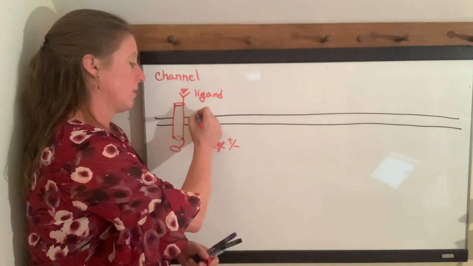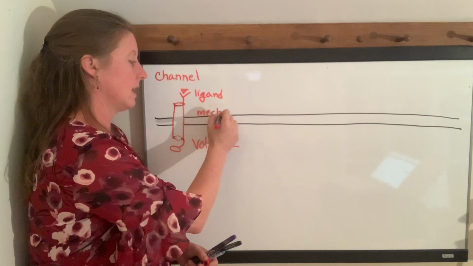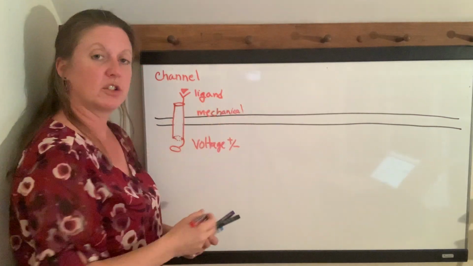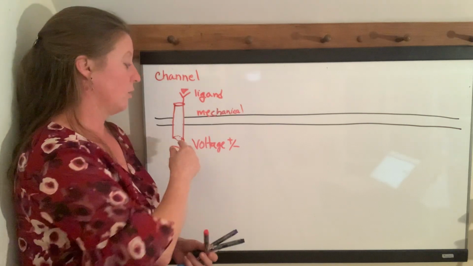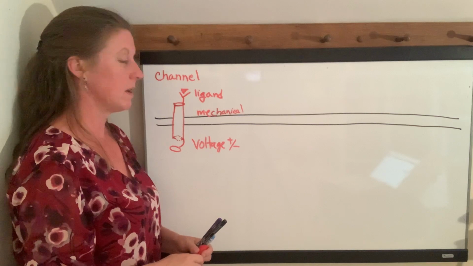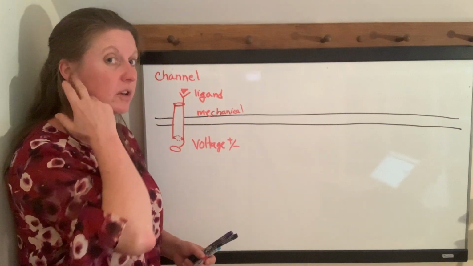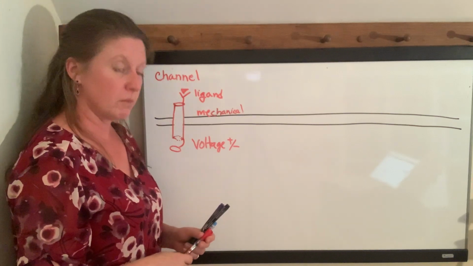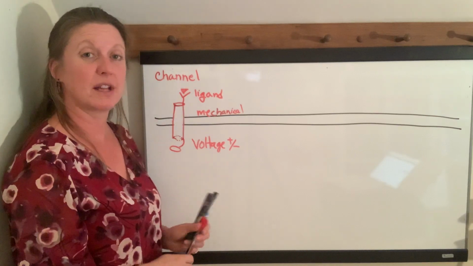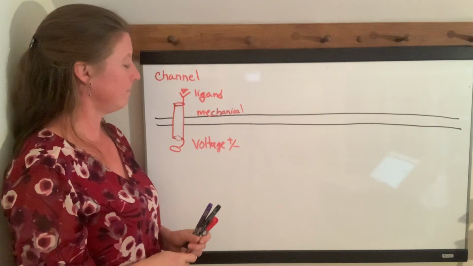Or it can be operated mechanically, meaning that if something stretches or pushes, it will cause this channel to open up. This is particularly true in our inner ear, where movement opens channels, and that's what sends the signal to the brain so that we know where we are.